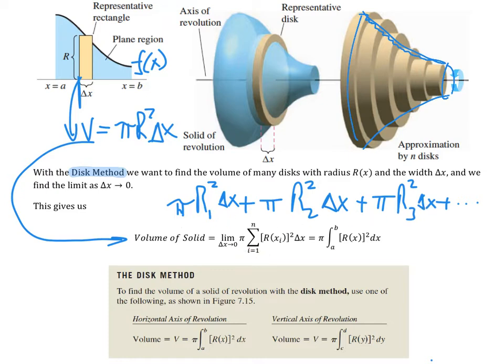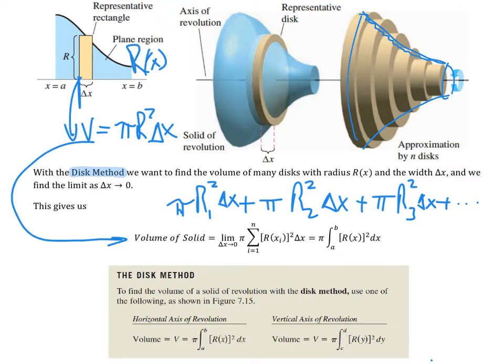Well, if we pull out this pi, then this looks real familiar. This is just the formal definition of an integral from a to b. And so we can write that as pi times the integral from a to b of r of x squared. r of x is the function. So I put f of x here. I guess I should have put r of x.